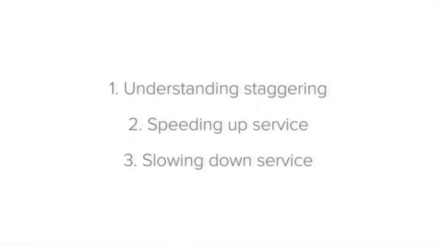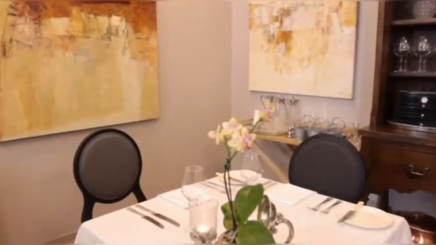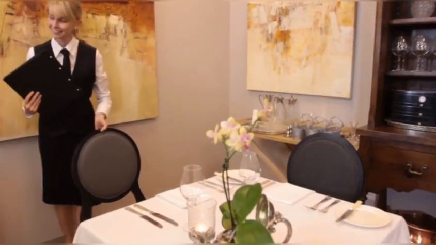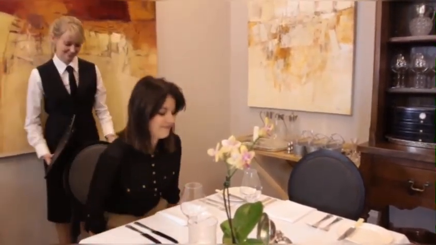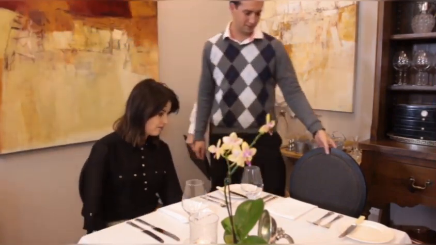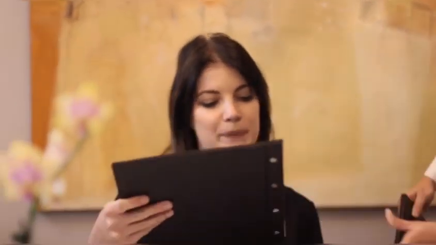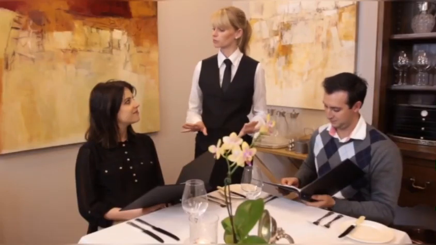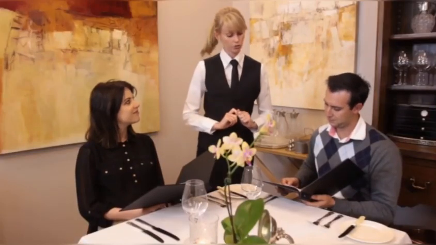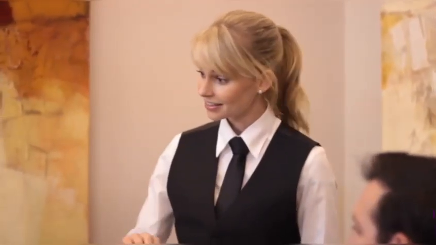Now, let's look at slowing down service. Just as you can combine the steps in the ordering process to speed up service, you can also draw the process out by leaving more time between the steps. Seating the guest, then delivering the menu a few minutes later, and then going back after that to recommend dishes, giving them a while to think about it before taking orders.